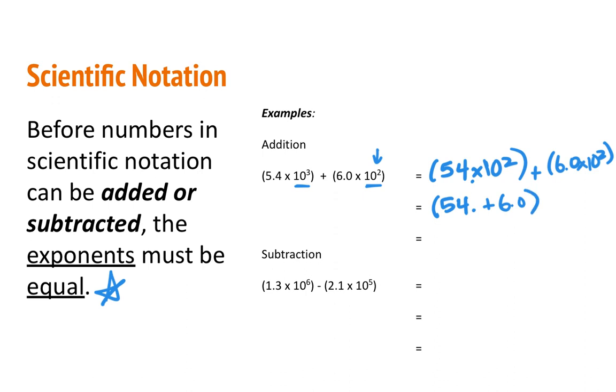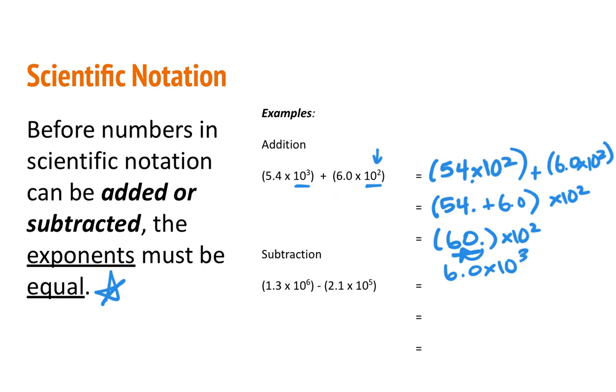So this equals 60 times 10 to the second, and then I would need to change this because this is not between 1 and 10. I would need to move the decimal point back, so then this becomes 6.0 times 10 to the third as my final answer.